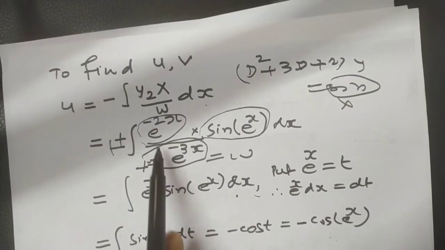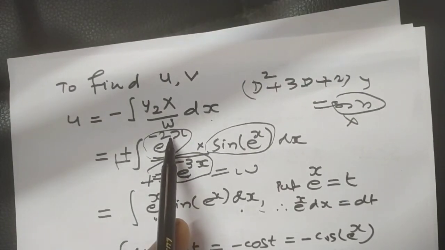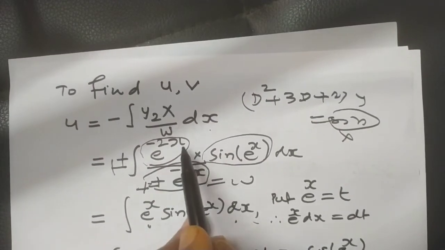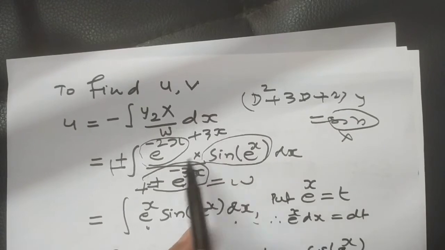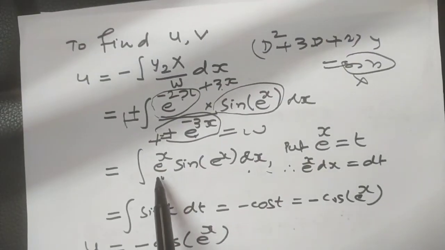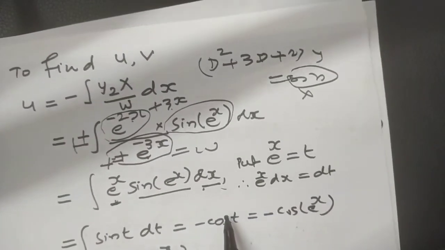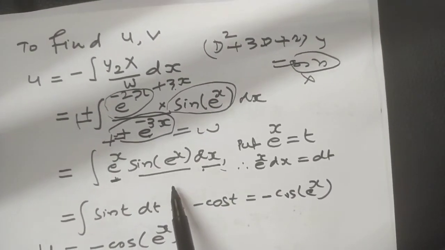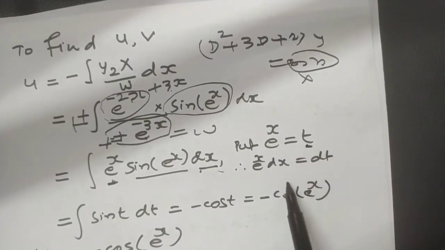And if you take this e raised to minus 3x to the numerator, it becomes plus here, and it would be e raised to minus 2x plus 3x, which is x actually. So e raised to x and sine of e raised to x dx. Now to evaluate this indefinite integral, we put e raised to x is equal to t.